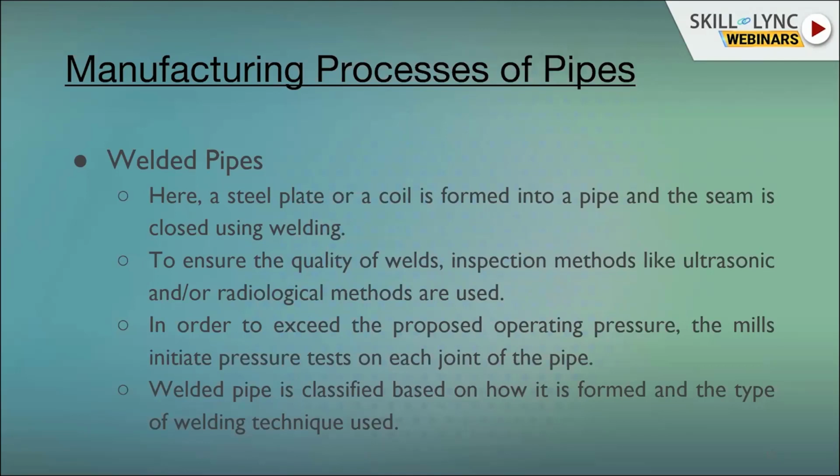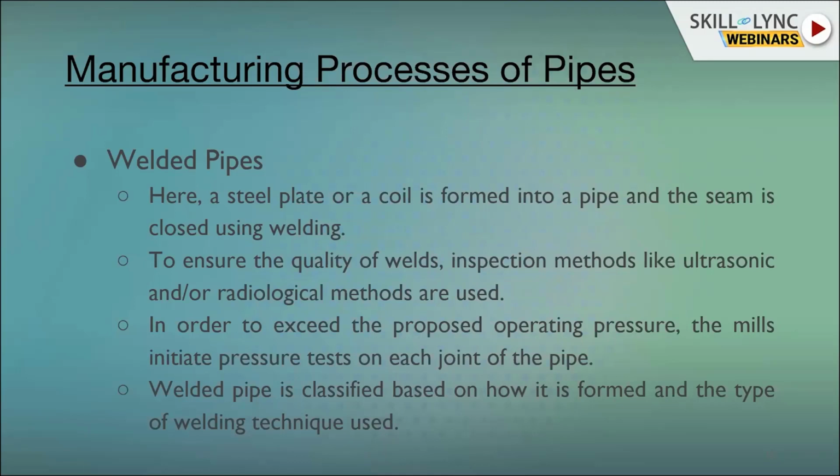At the desired pressure, it is held for a holding time of, for example, 5 seconds or 10 seconds, according to the standard. Then the water is released. This is a very safe method to check the quality of a particular pipe or to test the joints of the welded pipe.